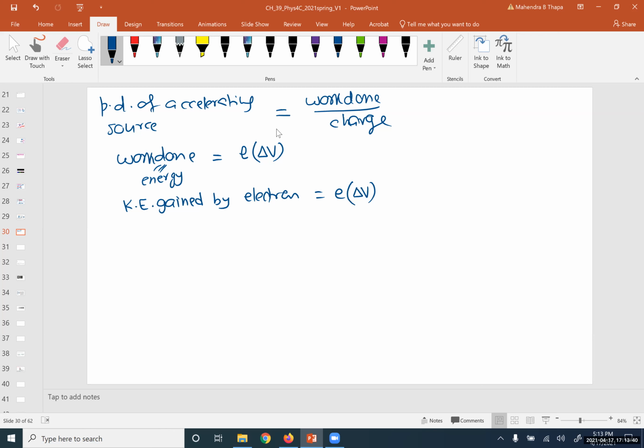The kinetic energy gained is half mv squared, because initially the electron is at rest if no accelerating potential difference has been applied.